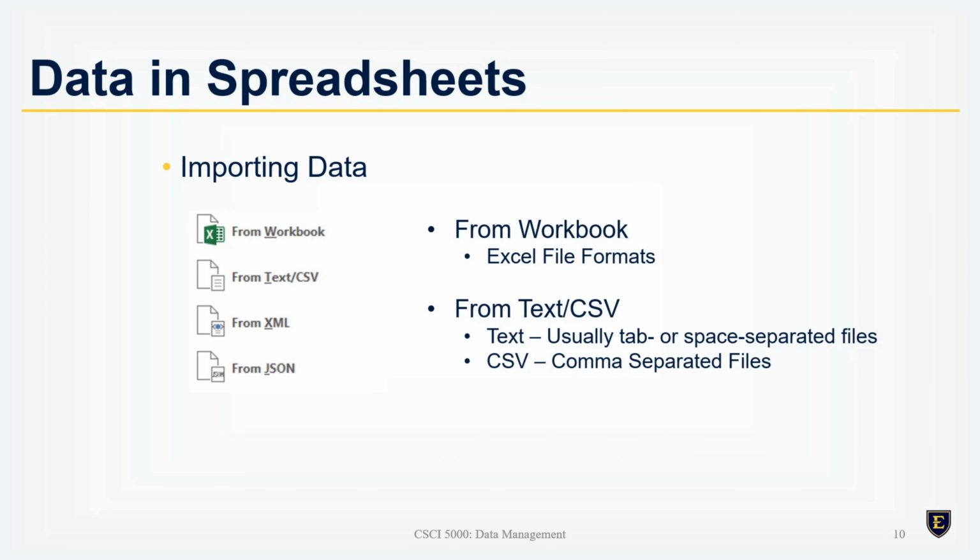So let's look at this a little more from the Excel side. We can import data from different locations within Microsoft Excel. Normally we import data from a workbook itself, or from a text file or a CSV file. If it's a text file, normally those are tab separated or space separated files, or use the pipe character, for example.